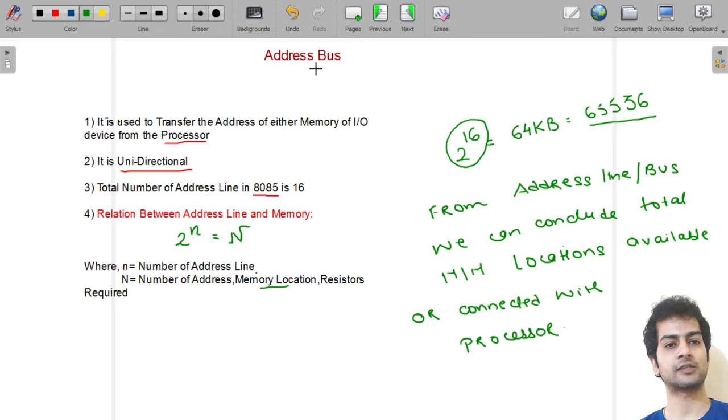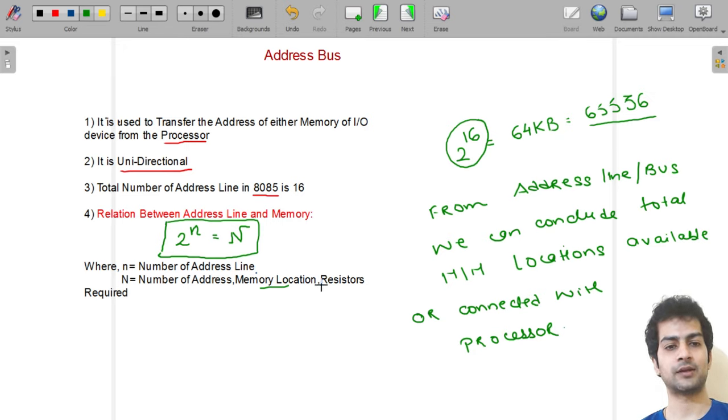So if we talk about address bus, then addresses are always originated from the processor for peripheral devices. That's why address bus is always unidirectional. If we talk about the 8085 microprocessor, then it has a total of 16 address lines. So the total number of memory locations connected with the processor we can find from a simple formula, that is 2 to the power n is equal to N, where small n is the number of address lines and big N is the number of memory locations which can be connected with the processor.